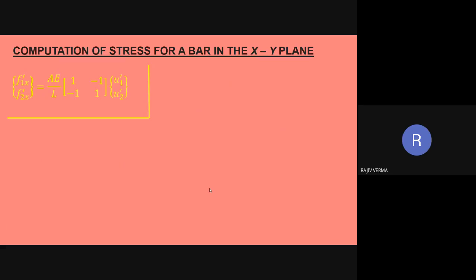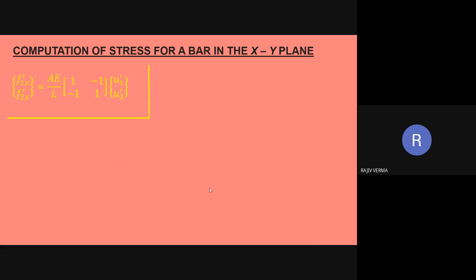So we now know the displacements in local frame. Obviously, the displacements V1 and V2 are going to be 0 because the bar basically is deforming along the positive x-axis. There is no deformation of the bar perpendicular to the x-axis. So, the terms V1 and V2 are not present over here.